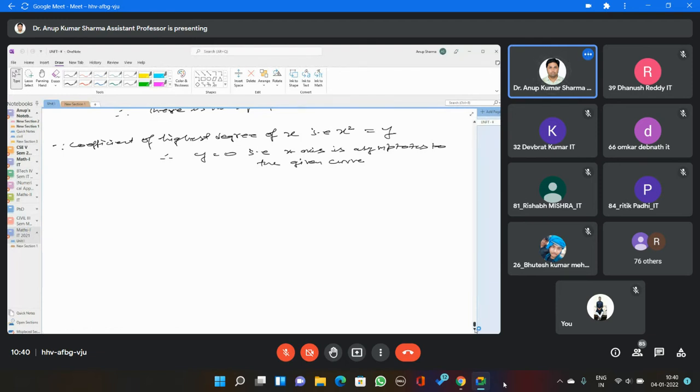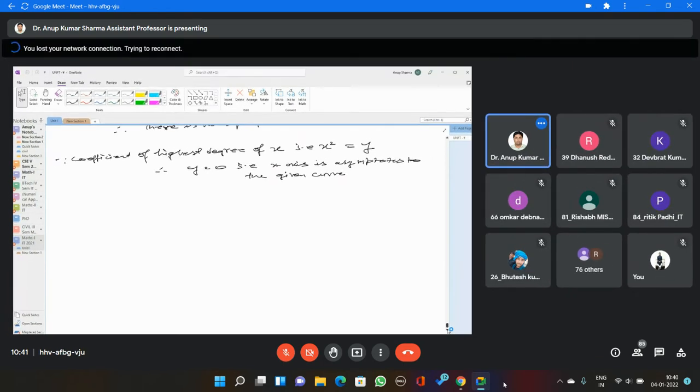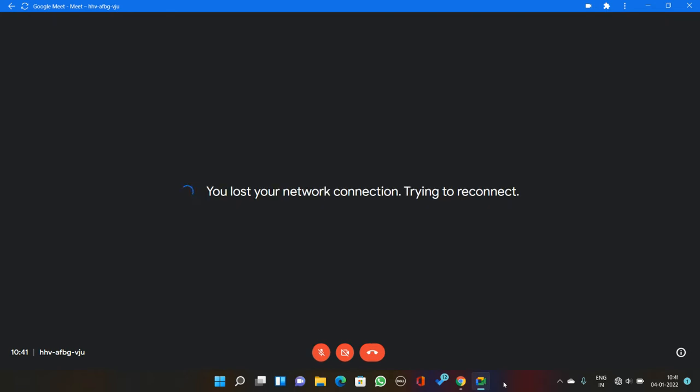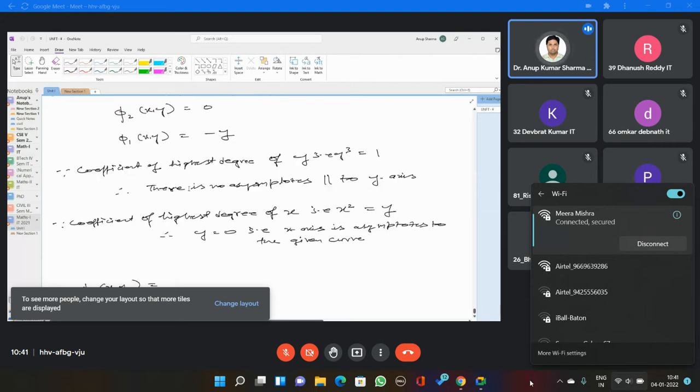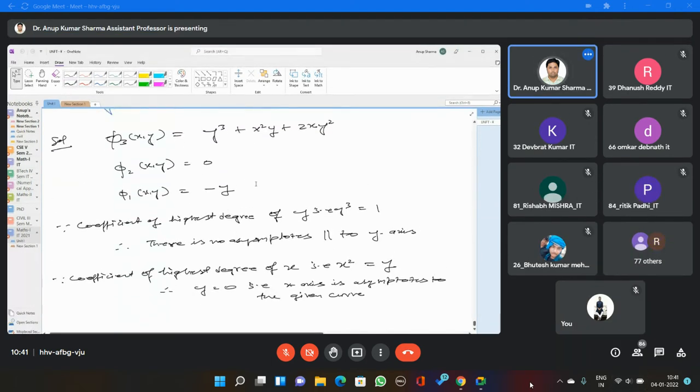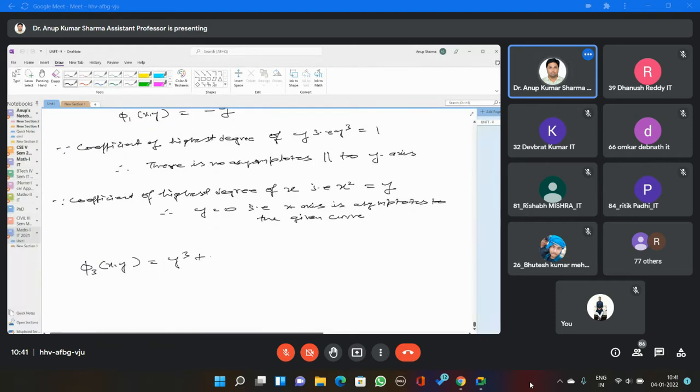Coefficient of highest degree of phi 3 of xy, we have already written: y cube plus x square y plus 2xy square.